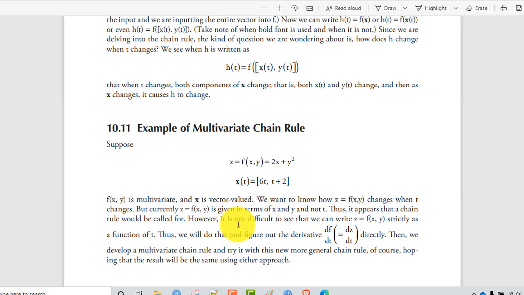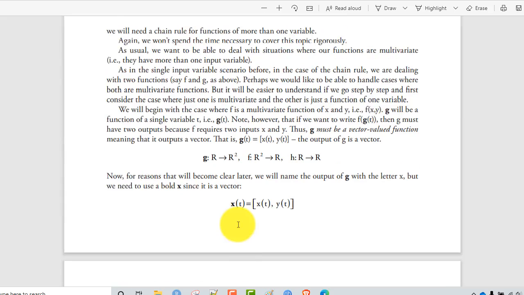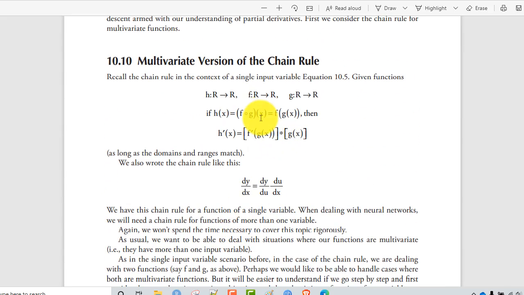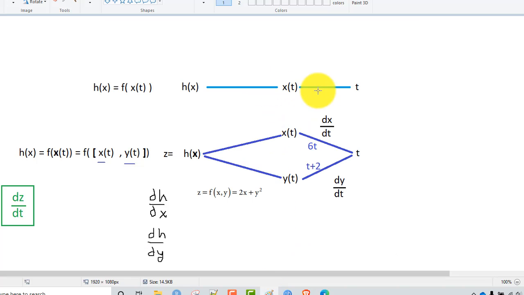So let's take a look at it. Now remember what the simpler question was, when there was only one intermediate variable, just x, or actually we call it u here, sorry. We call it u here, but there was only one intermediate variable. In other words, in this picture, this situation where there's only one intermediate variable, x.